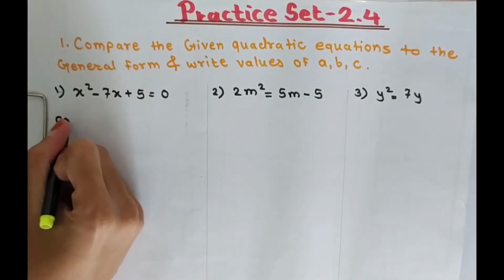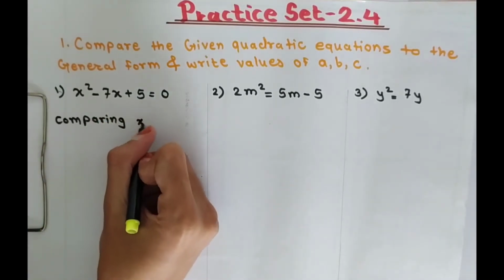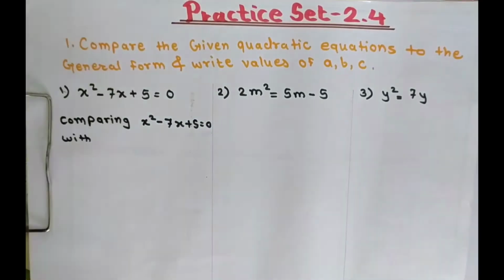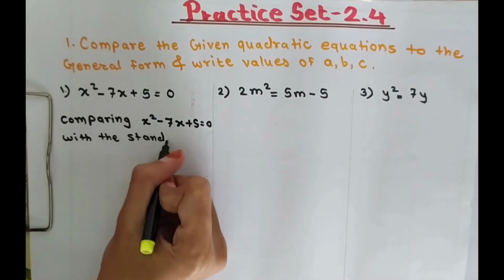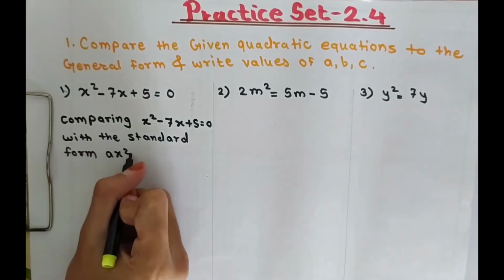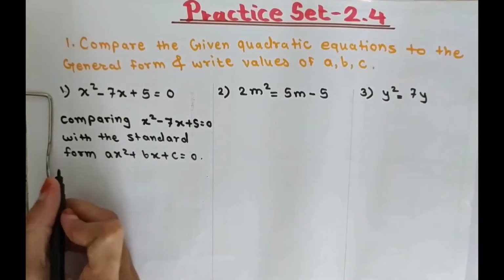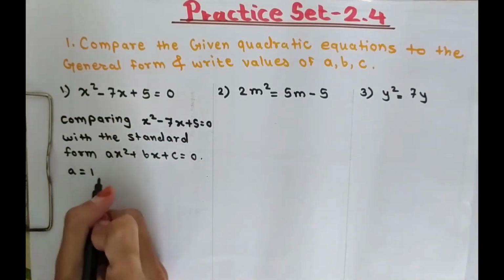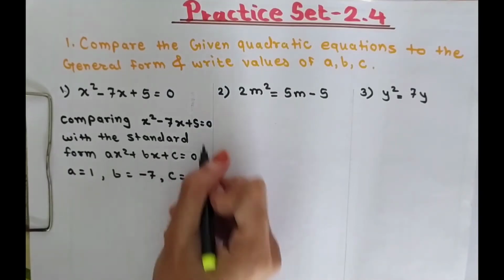Now comparing x square minus 7x plus 5 is equal to 0 with the standard form ax square plus bx plus c is equal to 0, then a is equal to what here? 1. b is equal to minus 7 and c is equal to 5.